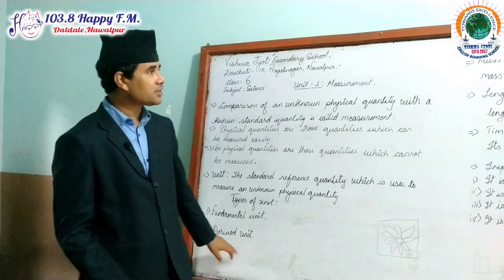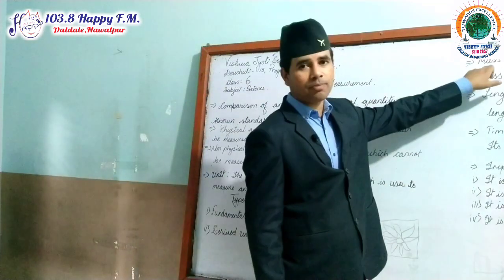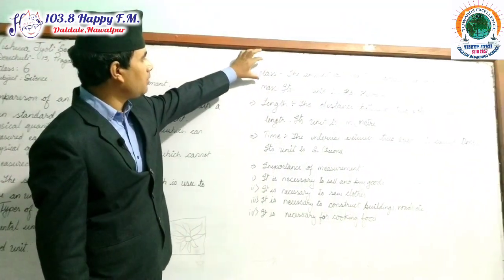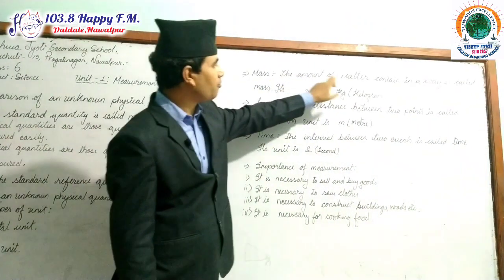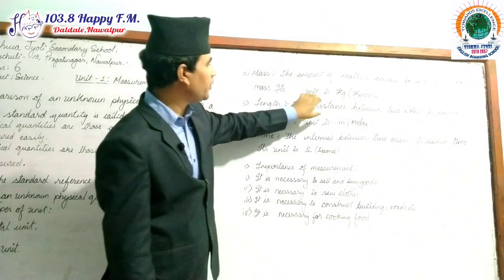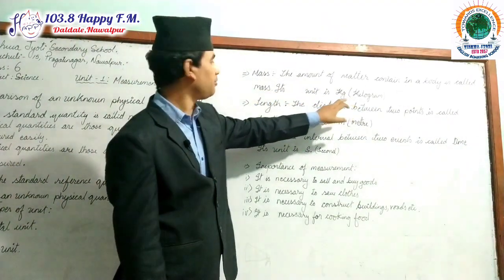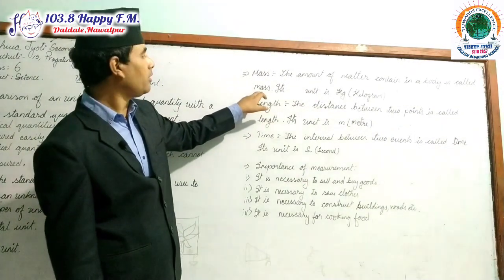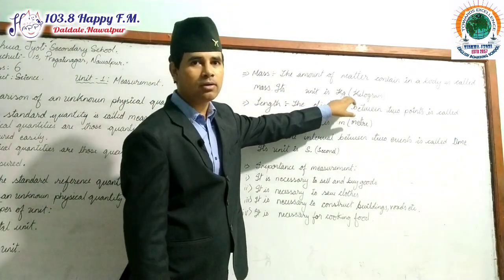Now mass: the amount of matter contained in a body is called mass. Its unit is kg. That means mass is the weight of a body, and we measure it in kilogram.